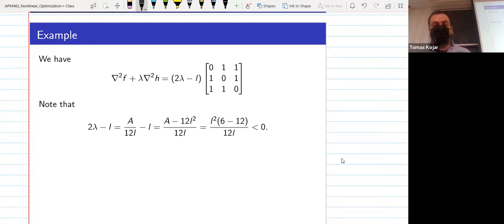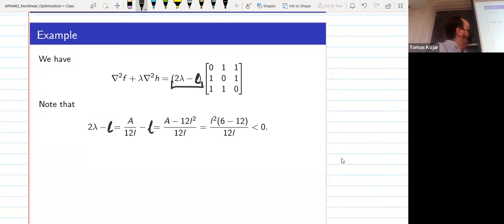So 2 lambda minus 1, you plug in your Lagrange multiplier that you found, and you plug in all your numbers. This is L. I should have written L. It looks like a 1.